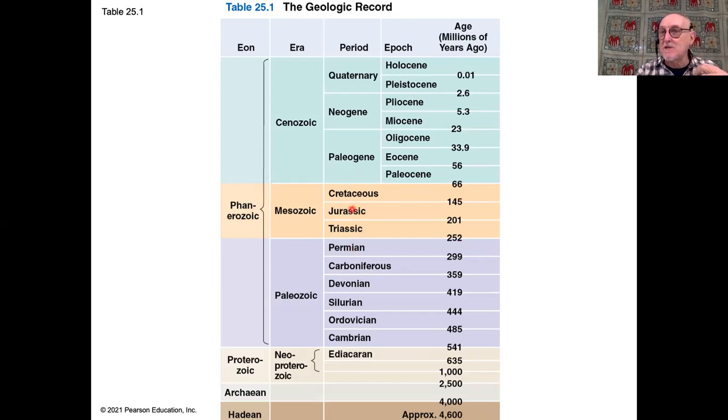Here, these, of course, you all know, the Triassic, Jurassic, Cretaceous. This is the Mesozoic, also called the age of the reptiles. This is when the reptiles were dominant, and when, in particular, towards the end here, this here is the mass extinction which led to the loss of the dinosaurs.